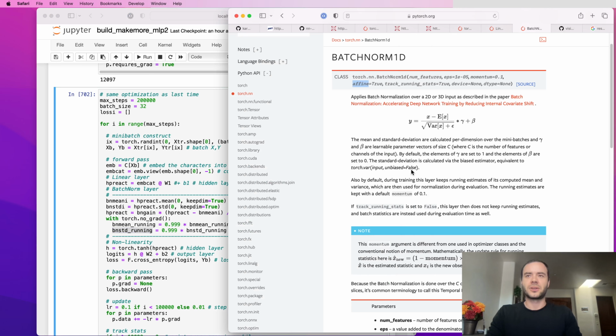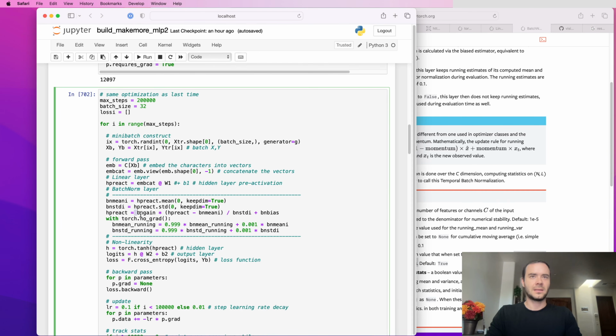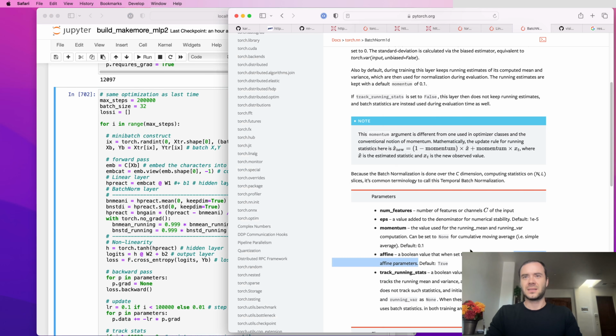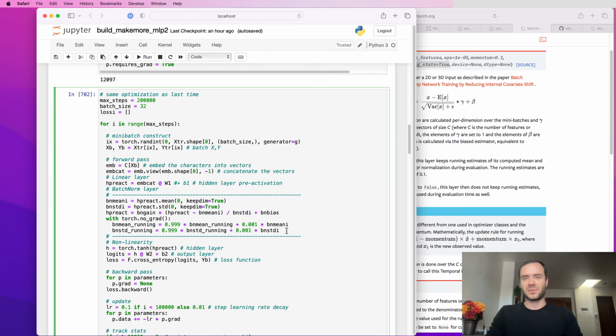Affine equals true determines whether this batch normalization layer has these learnable affine parameters, the gain and the bias. And this is almost always kept to true. I'm not actually sure why you would want to change this to false. Then track running stats determines whether or not the batch normalization layer of PyTorch will be doing this.